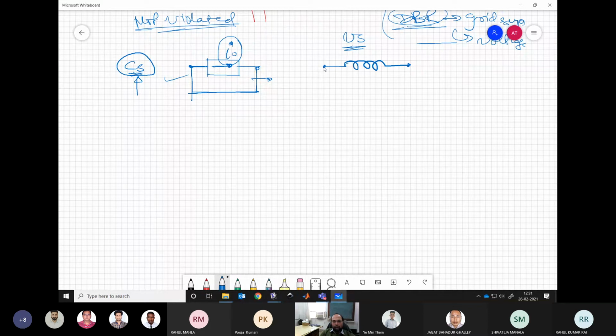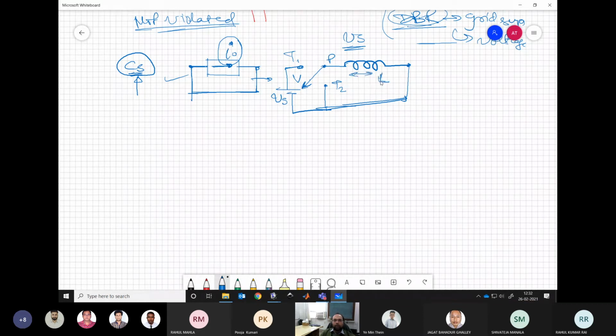Let us say we apply the voltage for some time. This is our voltage source having a voltage V, and we connect this switch P to T1 for some time, and then we disconnect and connect to T2. The transition time is 0, so that this current source is never open.